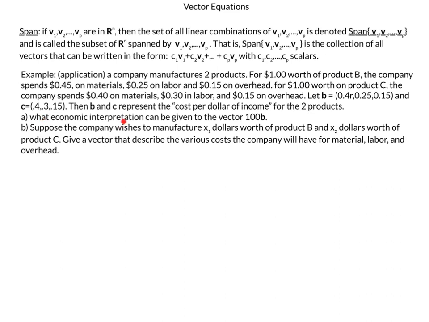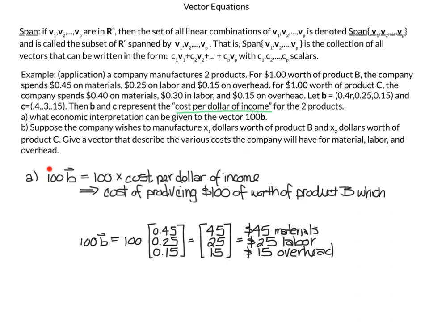A, what economic interpretation can be given to the vector 100B? And B, suppose the company wishes to manufacture x1 dollars worth of product B and x2 dollars worth of product C. Give a vector that describes the various costs the company will have for the material, labor, and overhead. For 100B, I have that this is 100 times the cost per dollar of income, which I got from the problem statement here that I'm circling.